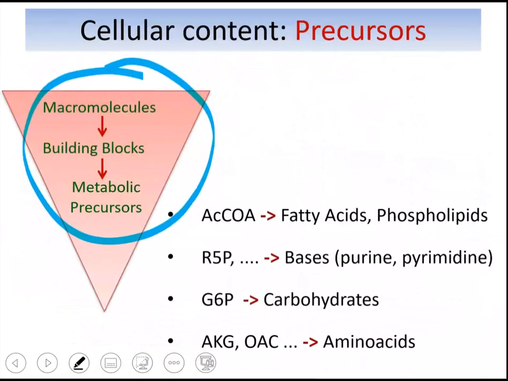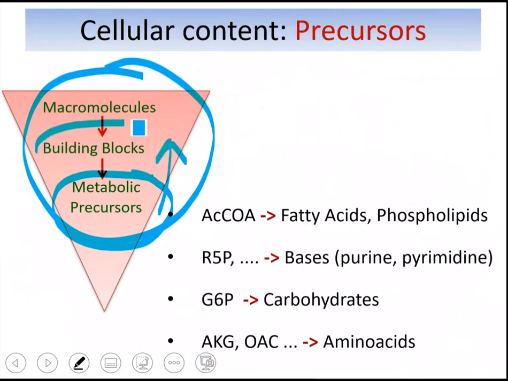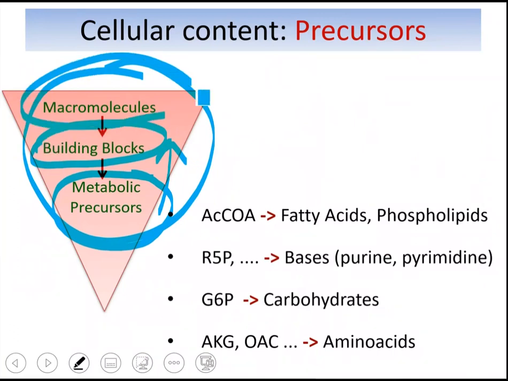Indeed, I will come back here, but this is the link. So from glucose, metabolic precursors are made. Then metabolic precursors come together within a series of reactions to make building blocks: amino acids, fatty acids, phospholipids, nucleotides, etc. And then those come together, for example, amino acids come together to make protein, to make macromolecules. So this is the relationship between metabolic precursors, building blocks, and macromolecules.